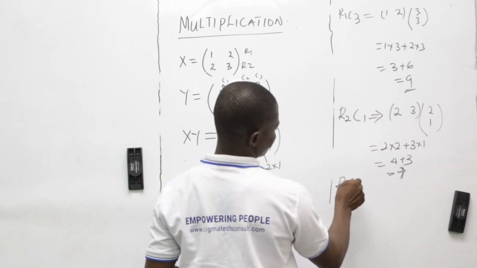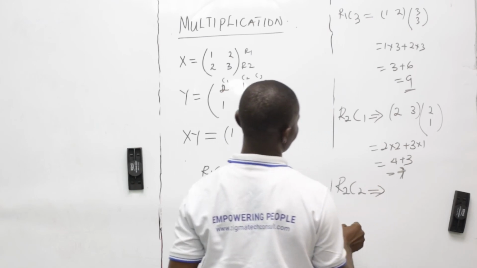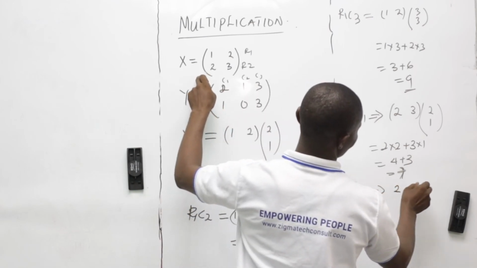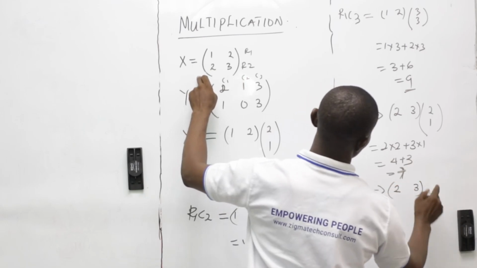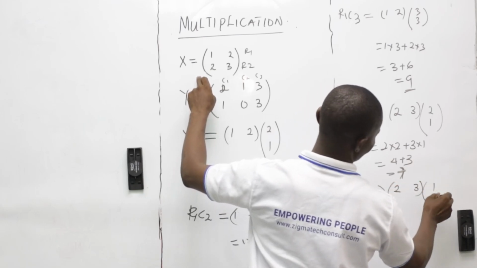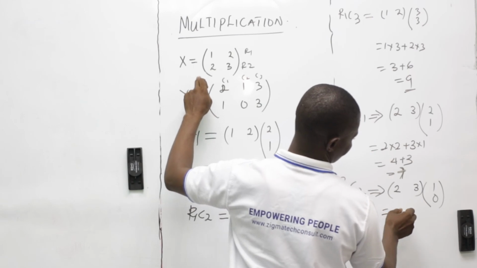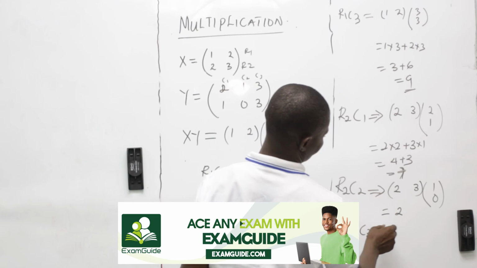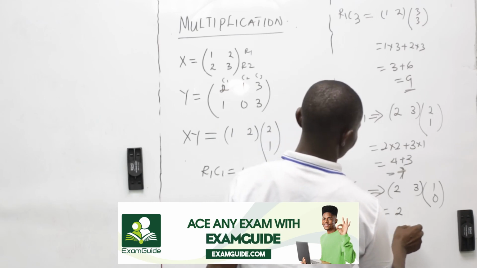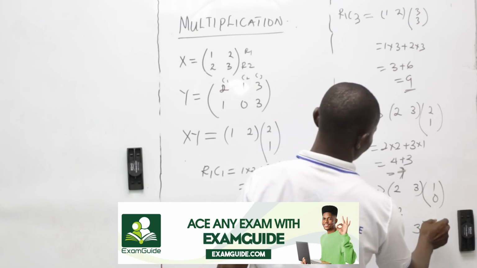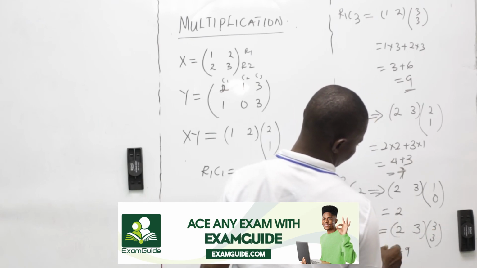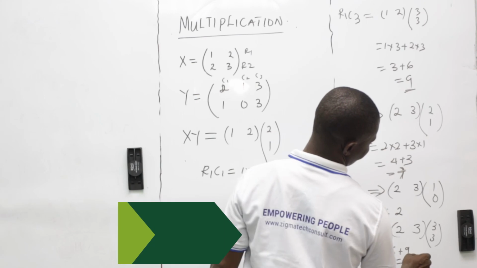Row 2, column 2 implies 2, 3 into 1, 0 to give us 2. Row 2, column 3 will give us 2, 3 against 3, 3. That is 6 plus 9 equals 15.